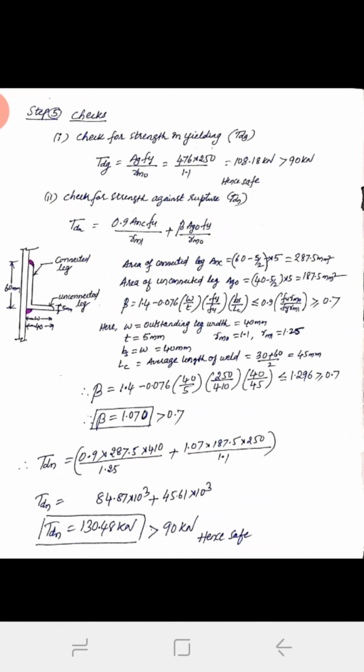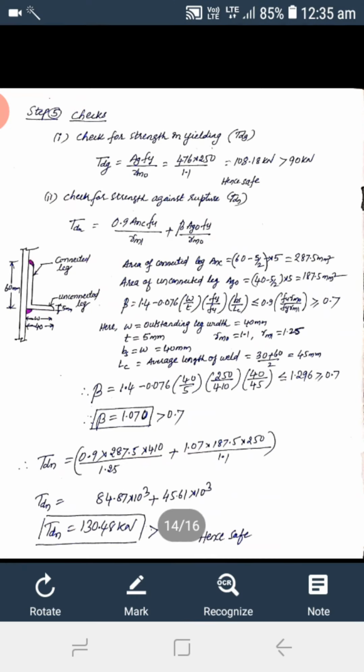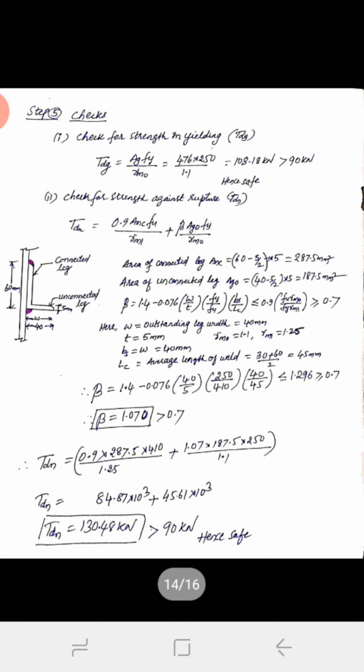So as you know, the welded tension member will fail in three modes of failure, that is strength in yielding, strength in rupture, and strength in block shear. So in three modes it fails, so we need to check all three modes of strength.